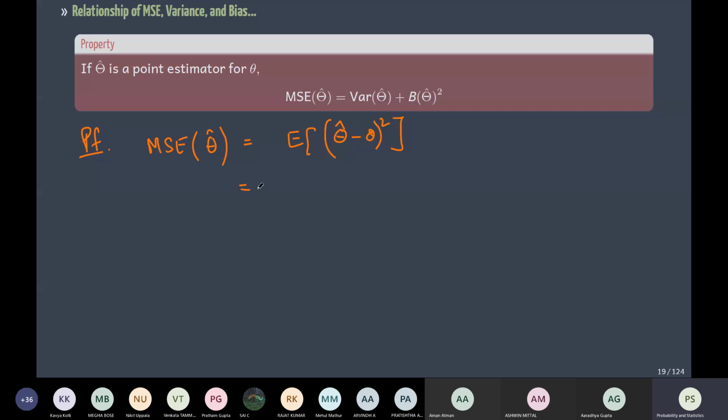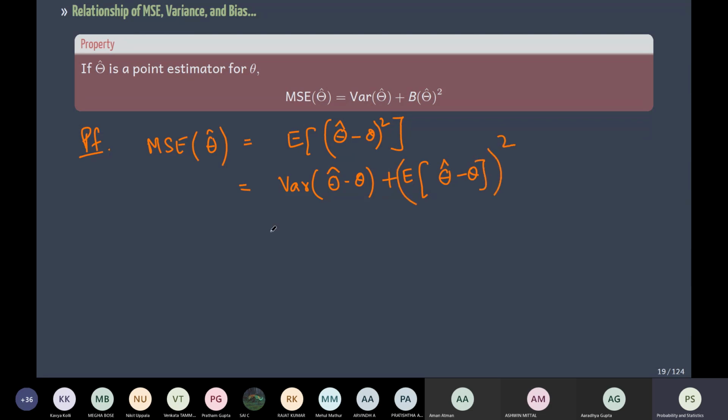So this was, if we use the variance formula, which we have already seen in the previous example actually, the expectation of theta hat minus the expectation of theta hat, whole squared, plus the expectation of theta hat minus theta, whole squared.